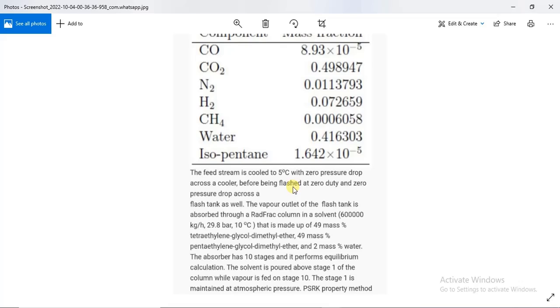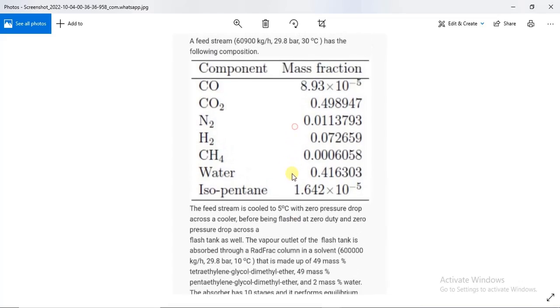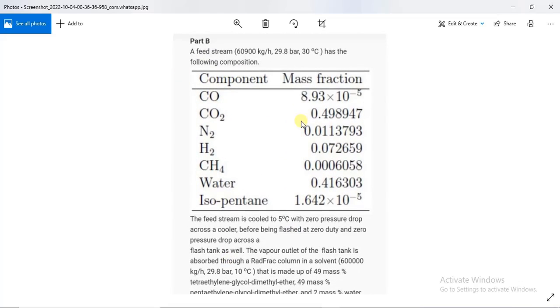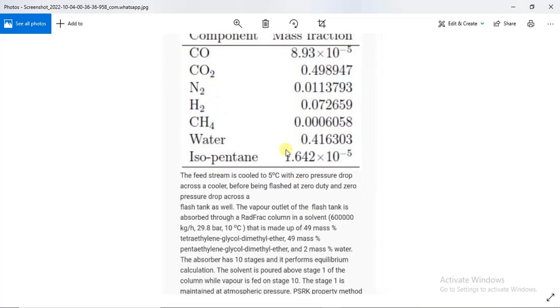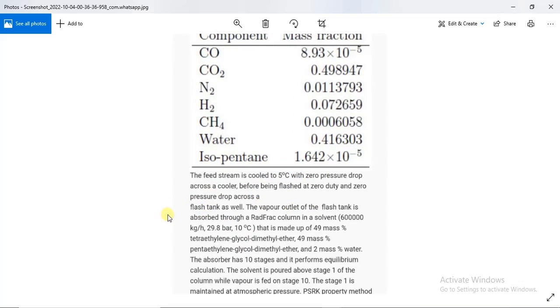So that is the summary of this particular model. So the feed stream is cooled and then sent into a two-phase separator. Then the vapor outlet of the two-phase separator is sent into an absorber, a column where absorption takes place. So that is what we are modeling now.